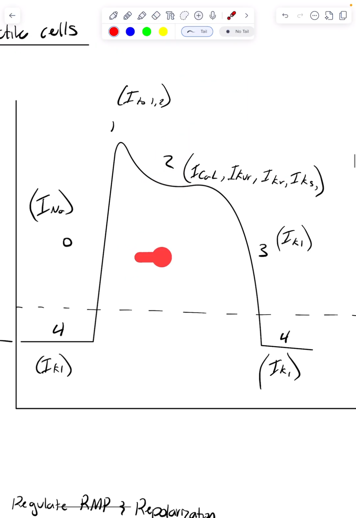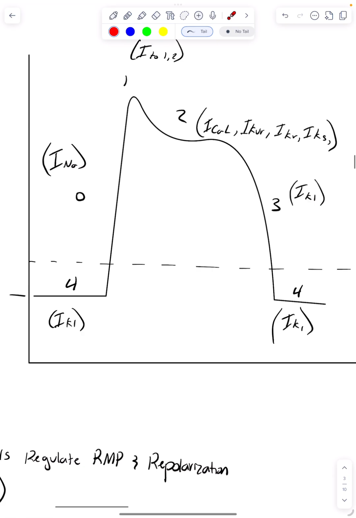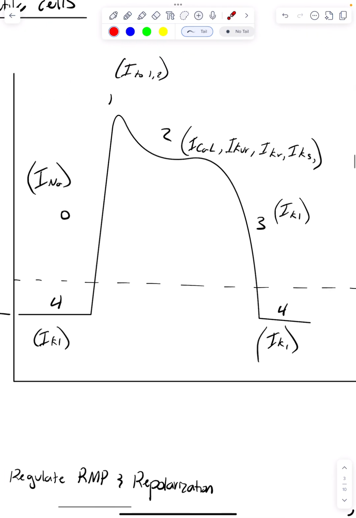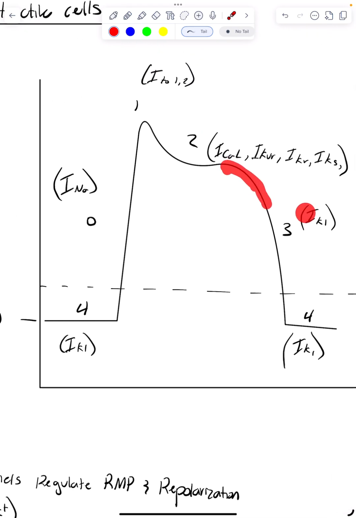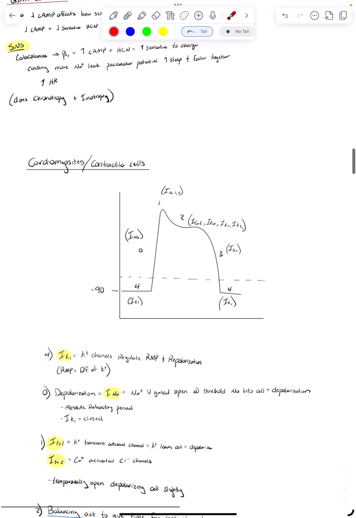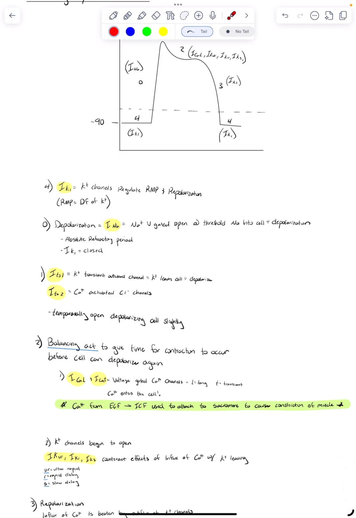With potassium, this is like 200, and it's like 5 out here. Not really, I don't know the real numbers. But pretty soon, calcium's going to stop wanting to come in because the driving force is going to be met. We're going to hit an equilibrium. And so then potassium's going to leave more, and that's what's going to cause this initial dip. And then the IK1 channels will open up again, and then they'll just maintain this channel here. So that's what all of this says.